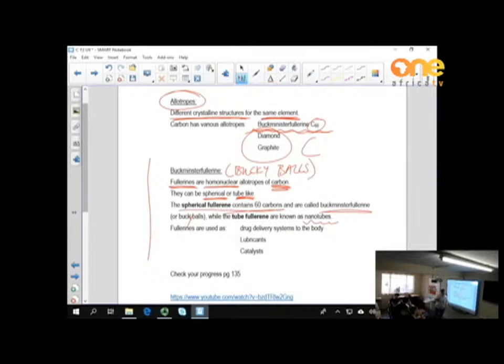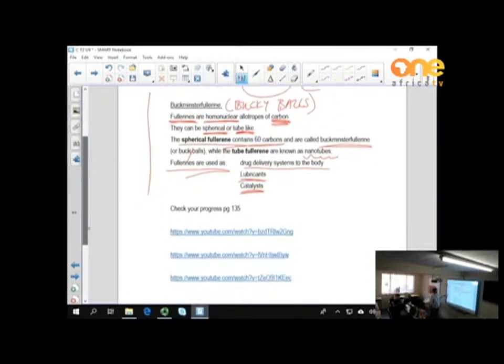There is less resistance in a nanotube than there is in a copper wire. Alright, at this point it is expensive, but it's where the new research is going. Okay, fullerenes are used as drug delivery systems to the body, lubricants, and catalysts. Now we'll have a look at that when we get there.